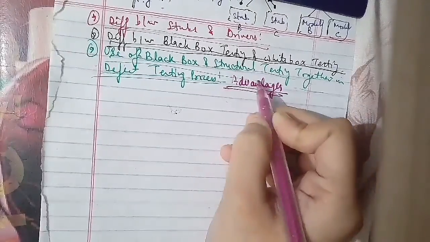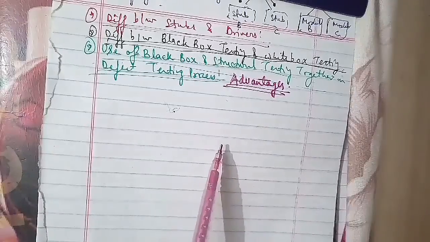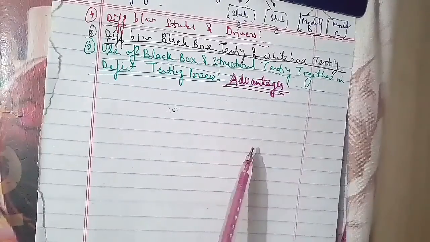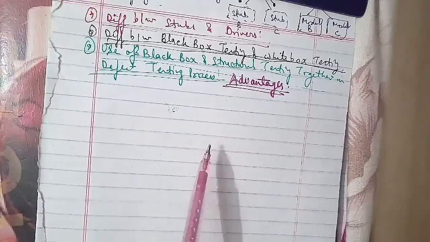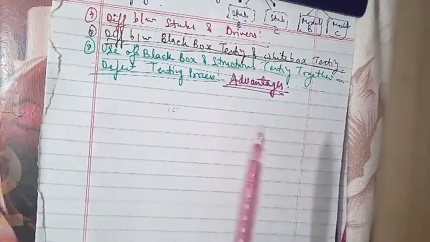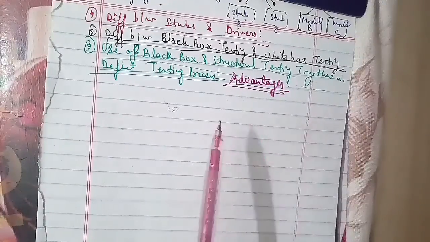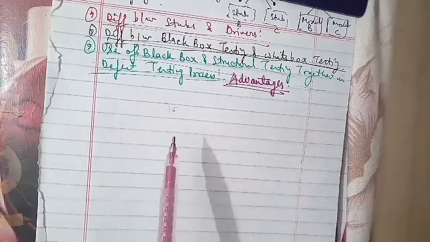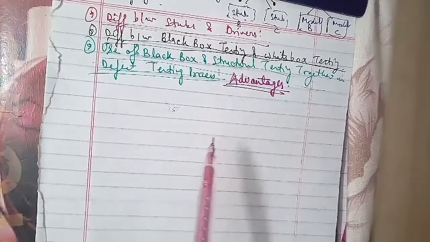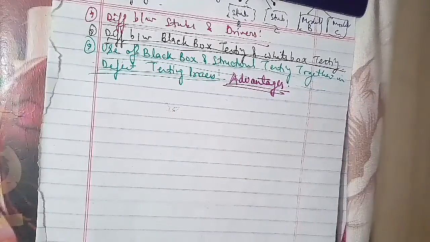The advantages of conducting black box testing are to uncover the following types of error. The first is incorrect or missing function. The second is interface error. The third is error in external data structures.